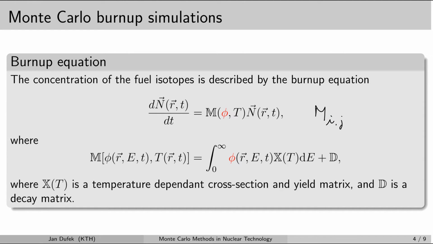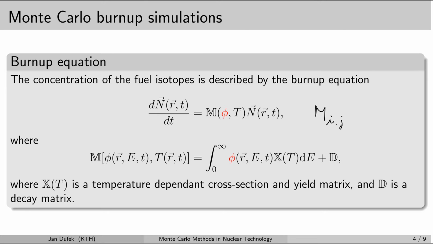Now the transmutation matrix is formally defined by this formula here, in which you can see two other matrices. The matrix X, which is the cross-section and yield matrix, and the matrix D, which is the decaying matrix. And you can see also the neutron flux in it.